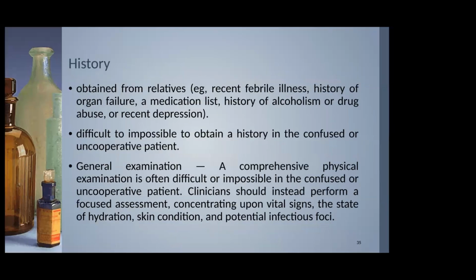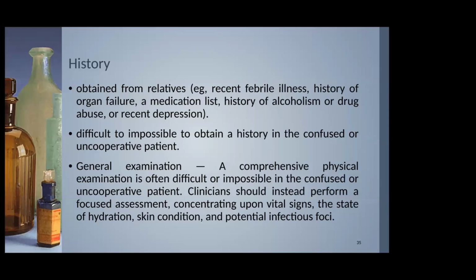The other important point in the evaluation of delirium is history taking. Usually you take history from the relatives, because it is difficult to take history in a confused or uncooperative patient. Usually patients with delirium are uncooperative in giving you a history, so you obtain it from relatives.